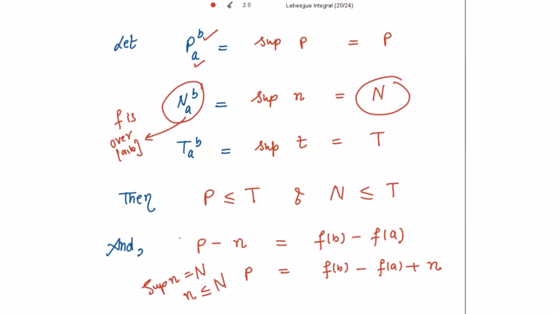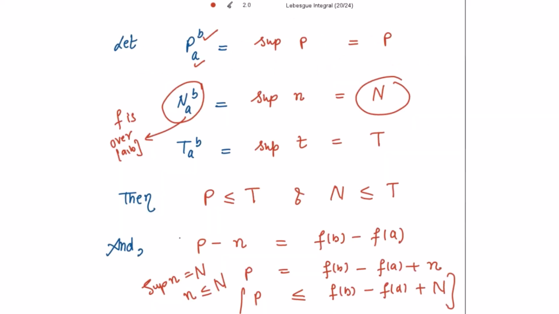Yes. So from here, can I write further that small p is less than or equal to f(b) minus f(a) plus capital N? Yes. Very fine. Now in the next step, I'm going to take the supremum over all possible subdivisions.